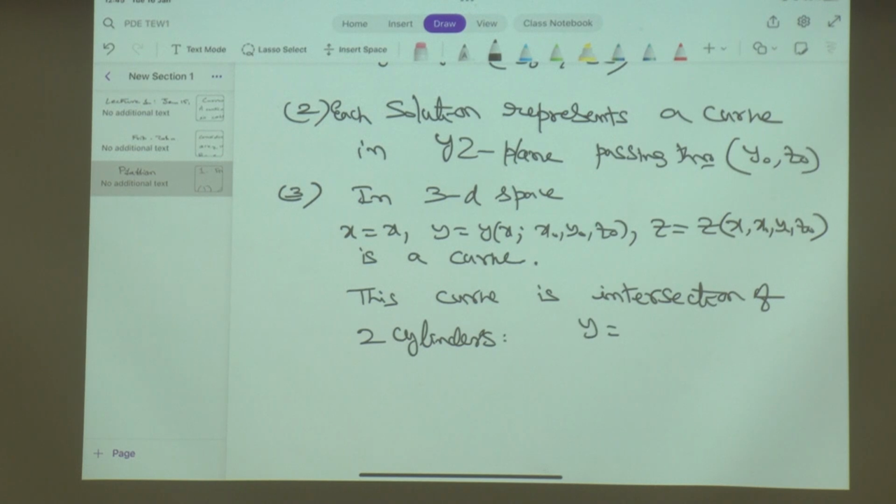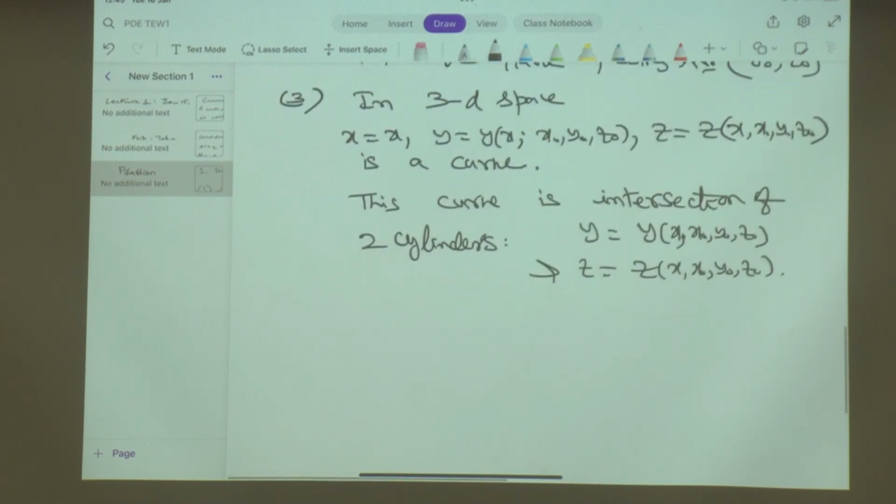What is that? y is equal to y of x, x0, y0, z0, and z is equal to z of x, x0, y0, z0, right? So we obtain a parametric representation of this curve.